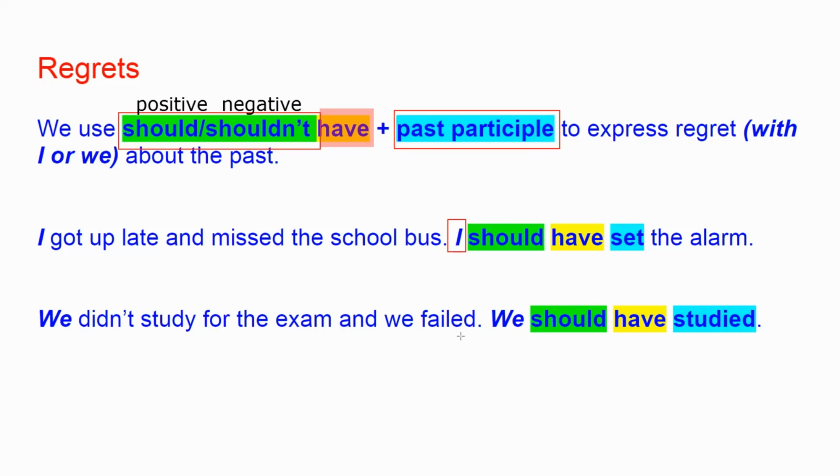We're talking that I got up late, me quedé dormida y perdí el transporte, perdí el bus. All right, and the next sentence, I should have set the alarm, debí poner la alarma, debí activar mi alarma porque me quedé dormida y perdí mi transporte.